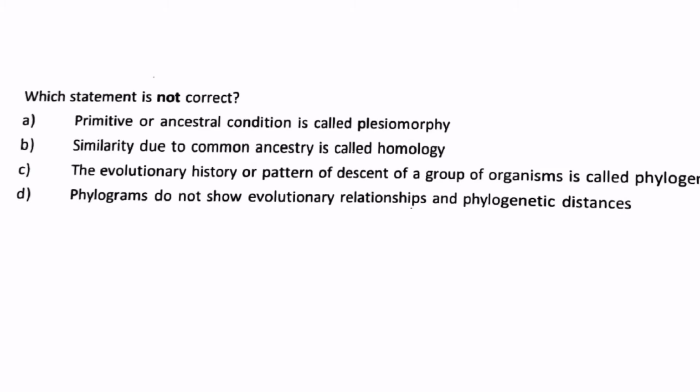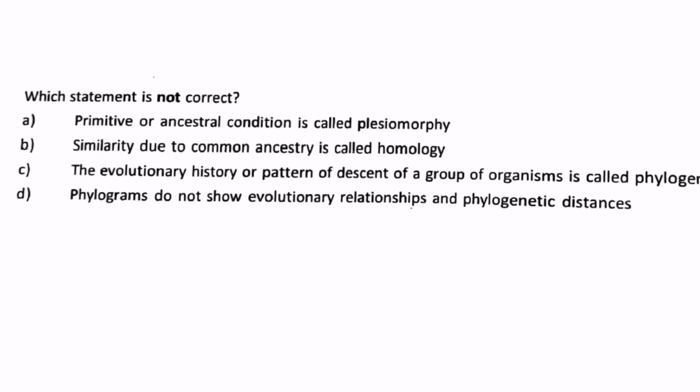Next question. Which statement is not correct? Option A, primitive or ancestral condition is called plesiomorphy. Option B, similarity due to common ancestry is called homology. C, the evolutionary history or pattern of descent of a group of organisms is called phylogeny. D, phylograms do not show evolutionary relationships and phylogenetic distances.